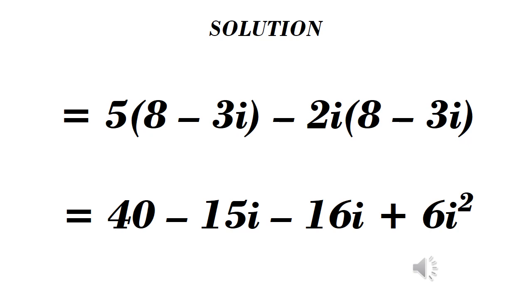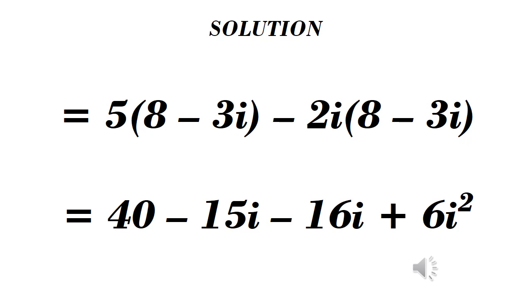So if we now use the 5 to open the first one, we have 5 times 8 is 40, plus times minus is minus, 5 times 3i is 15i. i is the imaginary unit. Then minus 2i, that is minus 2 imaginary number, times 8 is minus 16i.